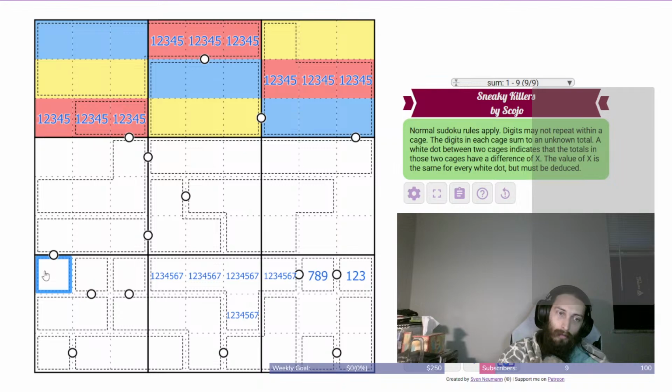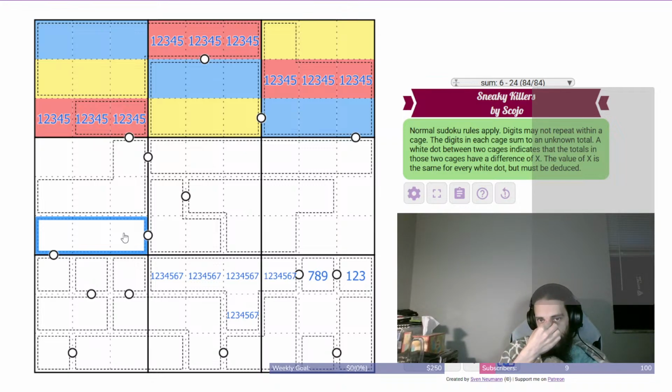So this one is maximum 17. Plus 8 would be 25.